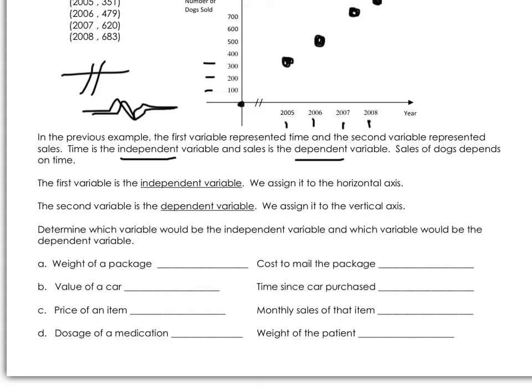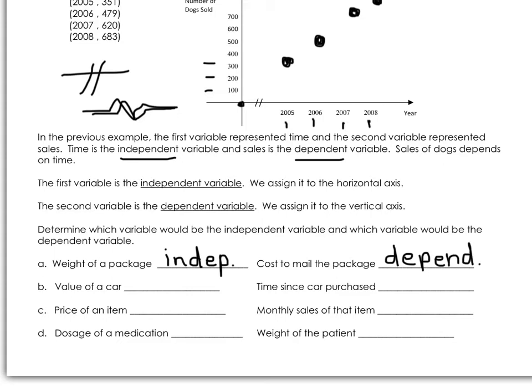I don't know. It depends upon how much it weighs. It makes more sense to say the cost to mail it depends upon the weight of the package. So the weight of the package is independent. It comes first. You create a package, and then you take it to the post office, and how much you pay to mail it depends upon how much it weighs.